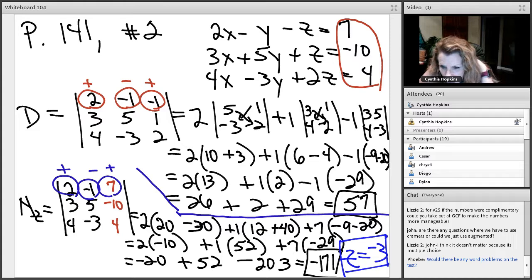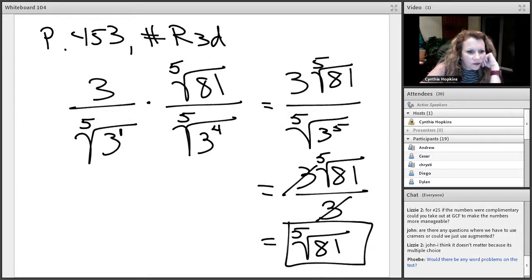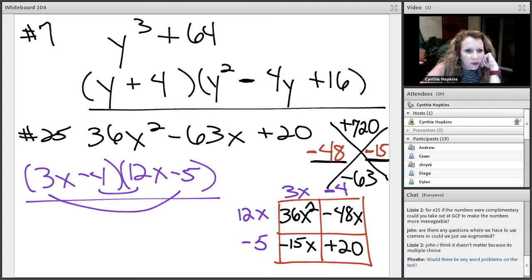If the numbers were complementary, could you take out a GCF to make the numbers more manageable? For number 25, if the numbers were complementary. Let me go back and look for a number 25. Was that from our factoring? Do you mean if the numbers, I don't know what you mean by complementary. If the numbers were like nicer numbers? Lizzie.